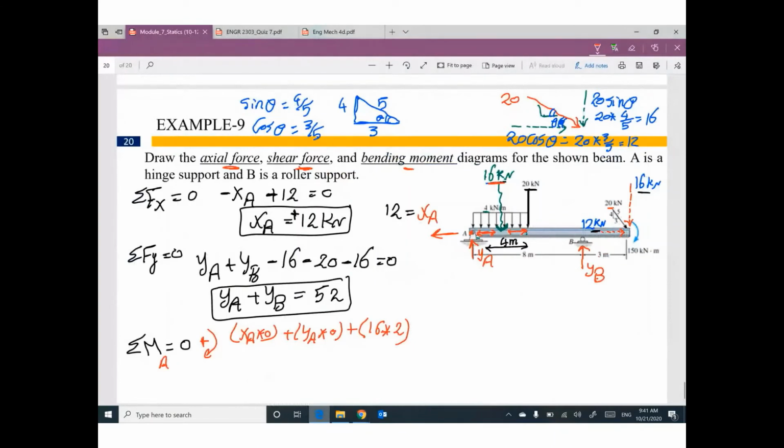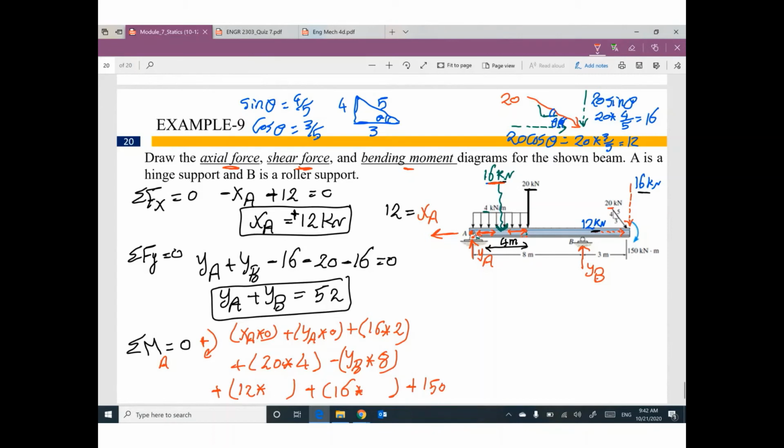The next one, 20 times what? The total distance, 4. The next force, negative YB times 8. Keep walking. We have 12 times what? And we have 16 times what? Equal 0. Oh, I forget, plus 150.